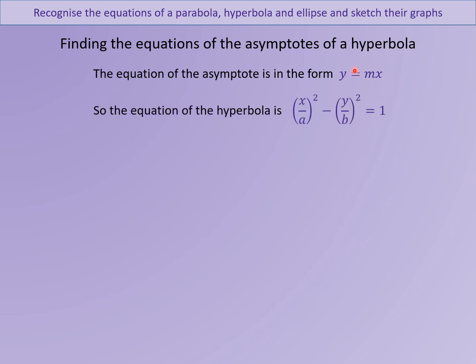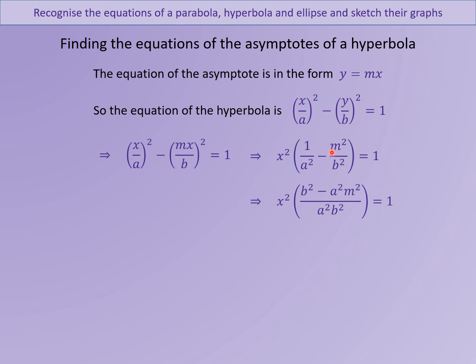So we know the equation of the hyperbola, x squared over a squared minus y squared over b squared equals 1. Because we are looking for an intersection, we're going to substitute mx in for y. So we end up with this equation here. We can pull out a factor of x squared to give us this.